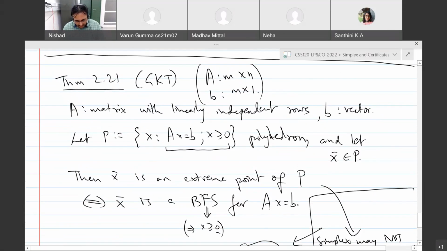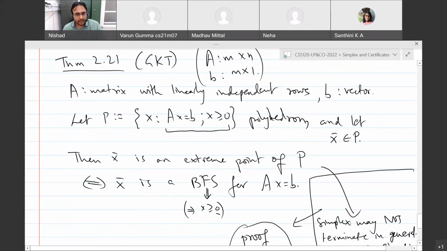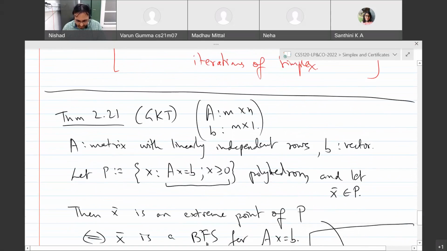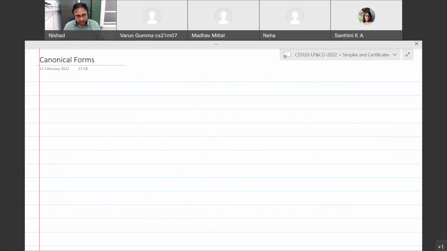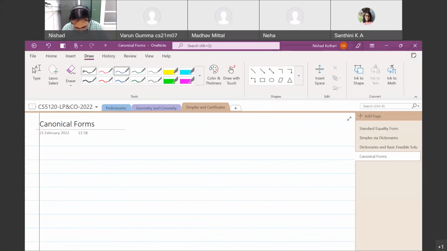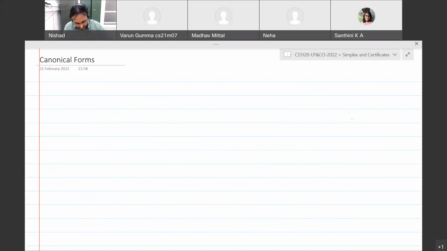But anyways, let's continue with our algebraic treatment of stuff, right? So I want to write down one of the dictionaries, and I want to talk about canonical forms, which are basically equivalent to dictionaries. So let's just recall the second dictionary from our first example of the simplex method.